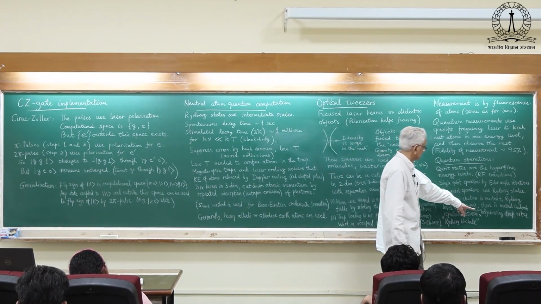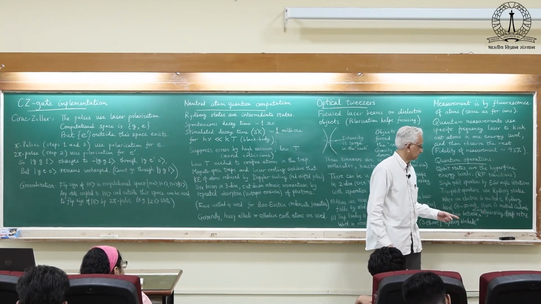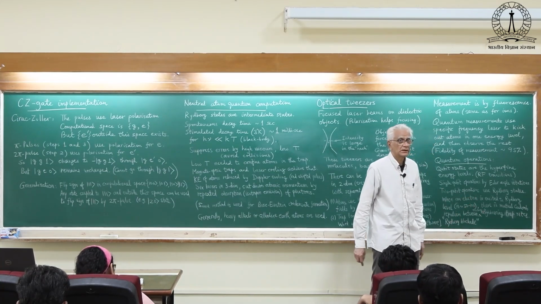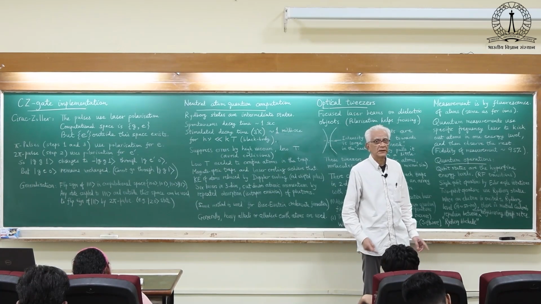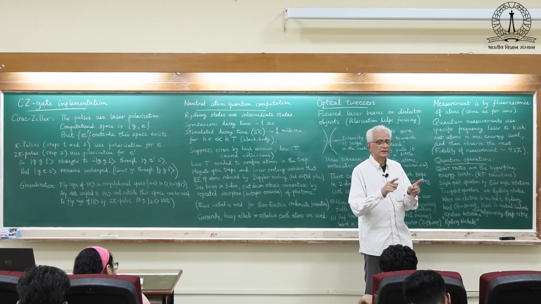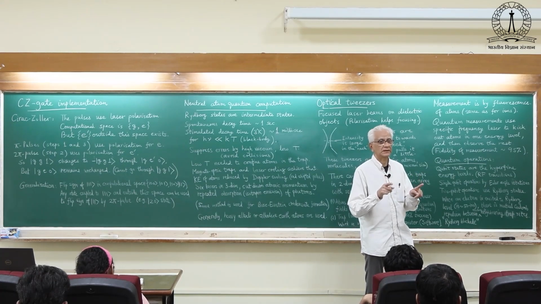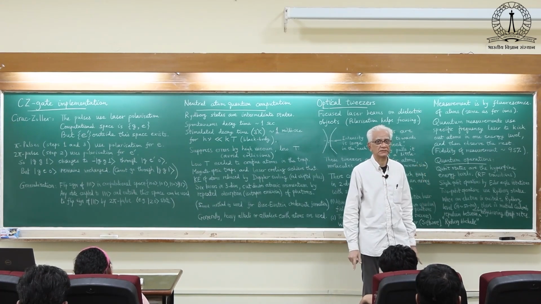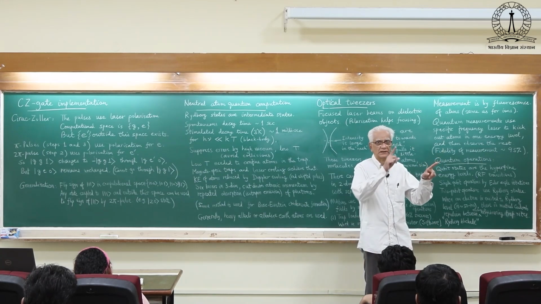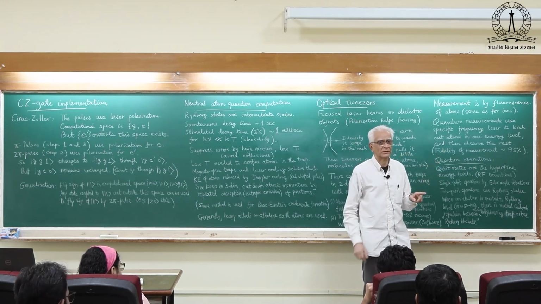This Coulomb repulsion is actually fairly strong. The distance is of the order of a micrometer, and so you can't put neighboring atoms simultaneously in Rydberg states. One will go there, the other one, if it tries to go there, it will get knocked out.